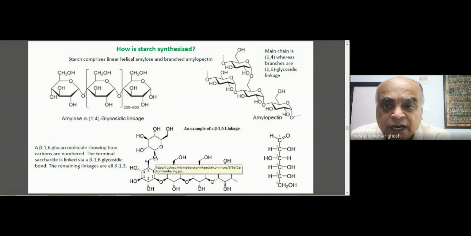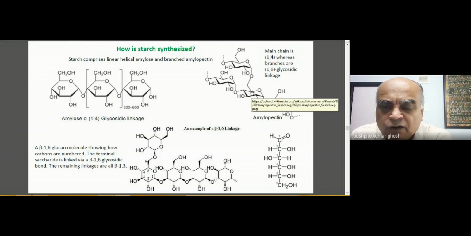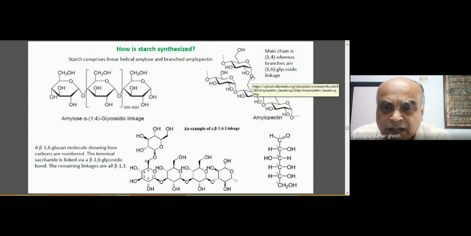So you have 1, 2, 3, 4, then this is your 5, and then this is your 6. This 6 is connecting with the 1 carbon's OH, the hemiacetal, and that is your 1,6 linkage, exactly like here. So you have a 1,4 linkage and you have a 1,6 branching linkage.